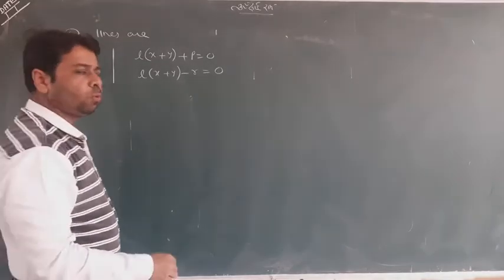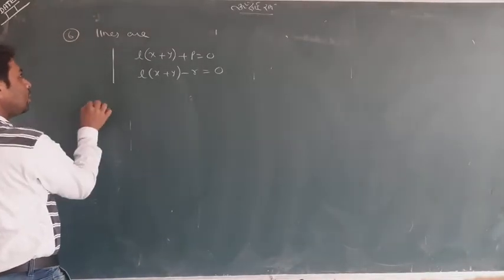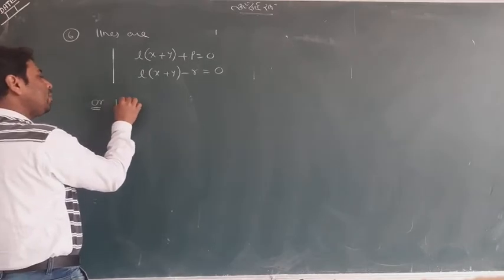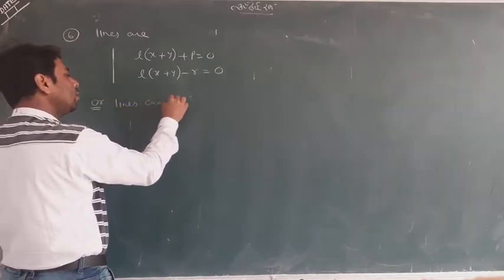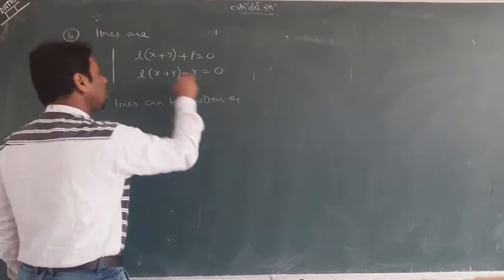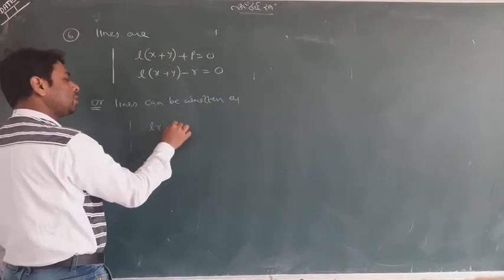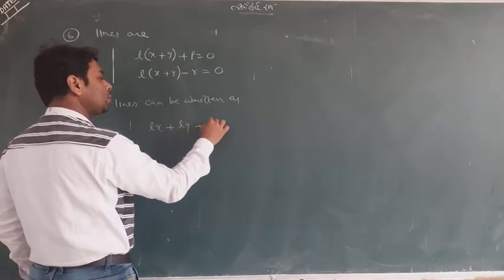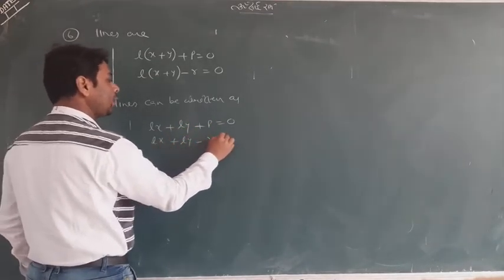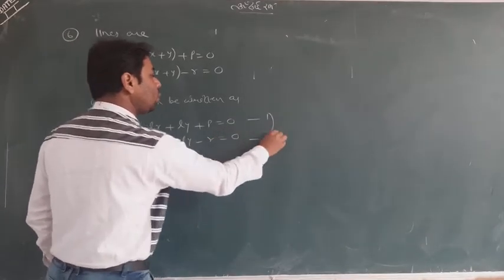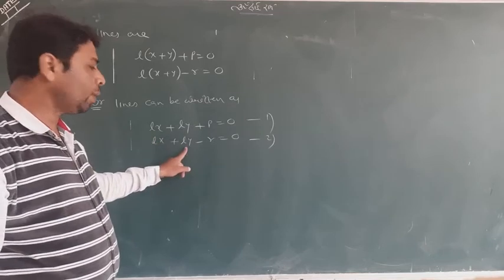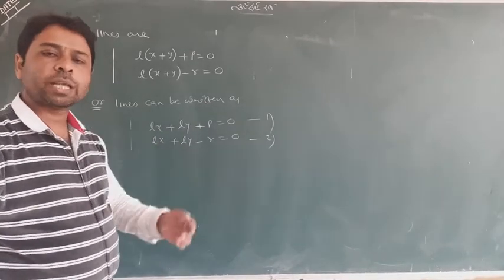First I will multiply and write the lines as lx + ly + p and lx + ly - r. We have got two equations, and you should know that these two terms are either equal or proportional. It means the lines are parallel.